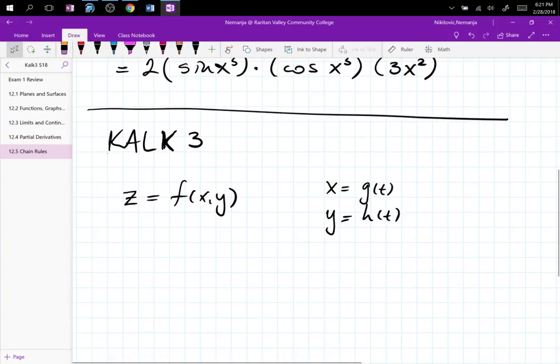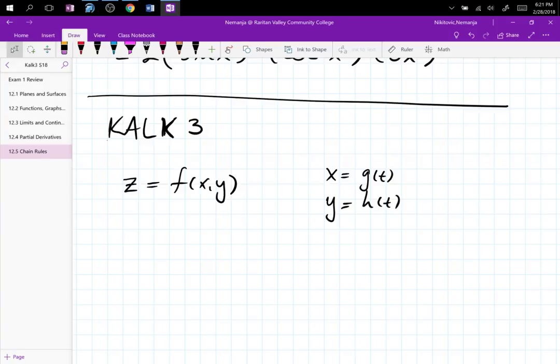Well, great. I can draw a tree diagram that branches my z into two variables x and y, which together make z using a rule, whatever we assign the rule to be. And then these x and y depend only on t.